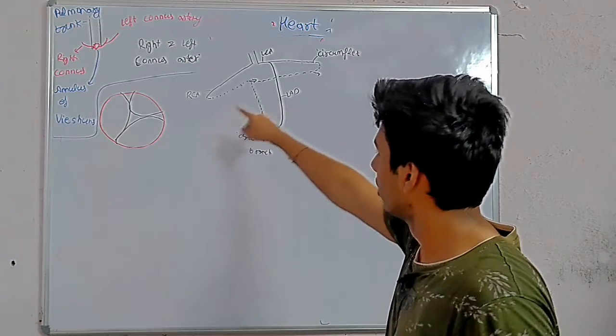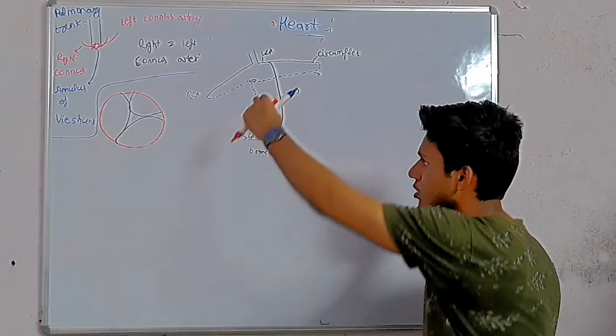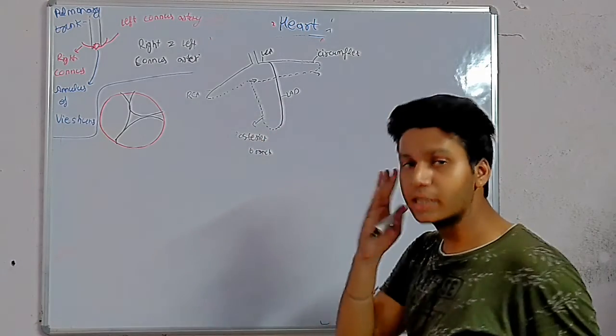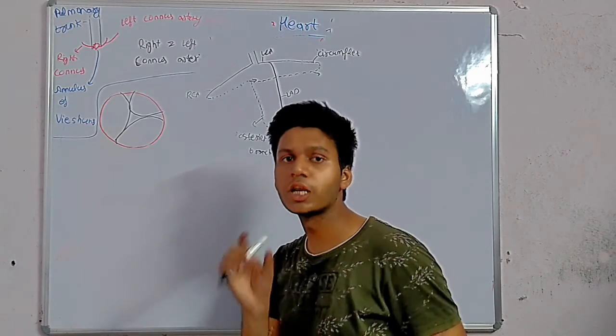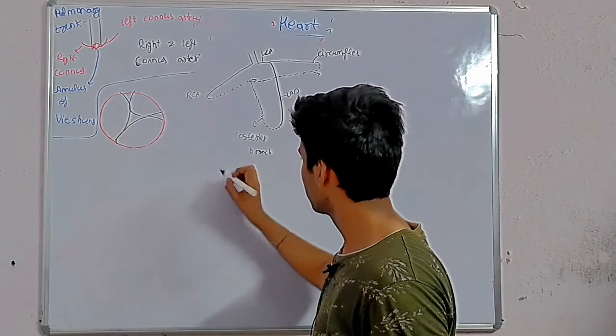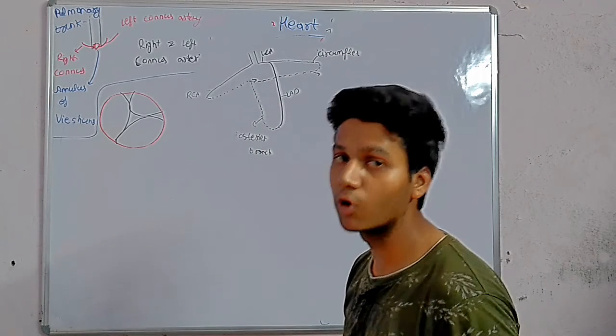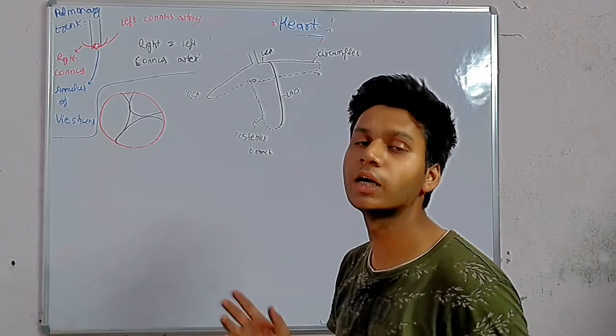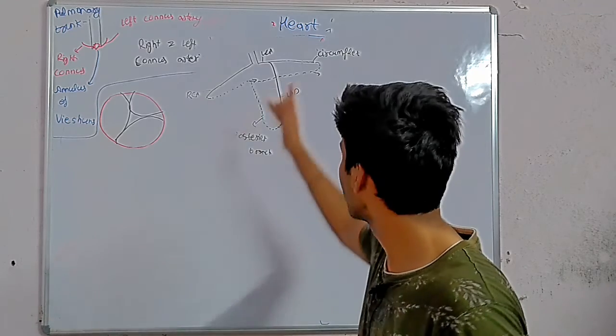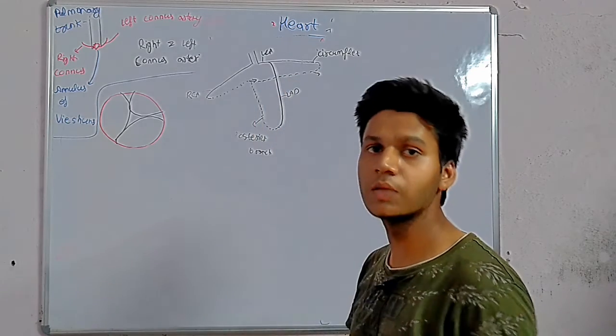So we know the RCA gives the posterior descending arterial branch. The posterior descending branch not only arises from the right coronary artery; sometimes it arises from the left coronary artery, from the circumflex branch, and sometimes from both.